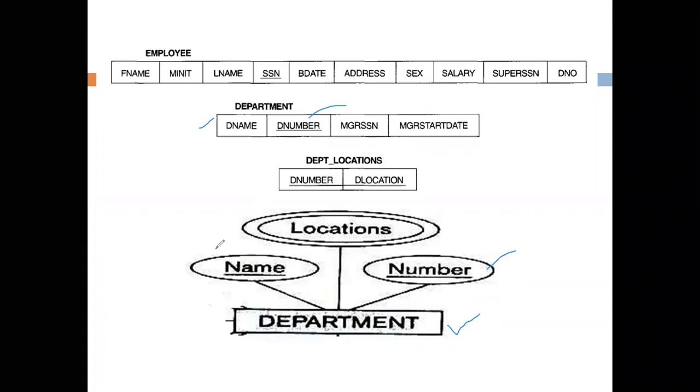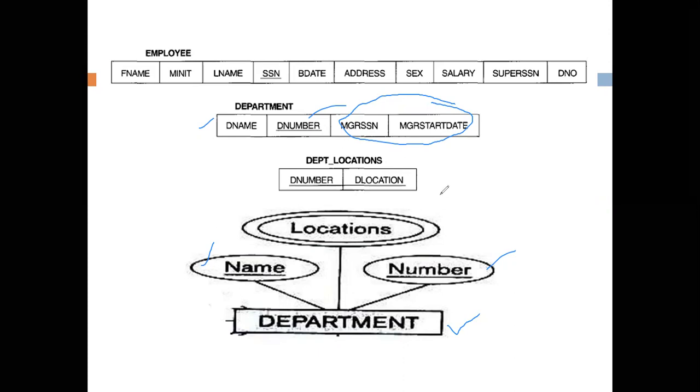Number is over here, name is here. Then manager SSN we have to write, and start date. These two attributes belong to the relationship, since the relationship will be with the employee table. So those will be written as part of the relationship.